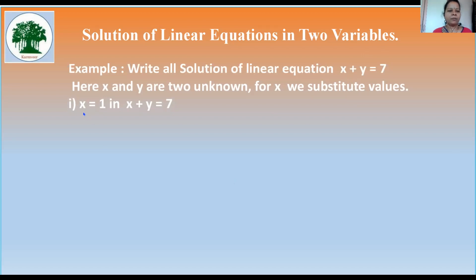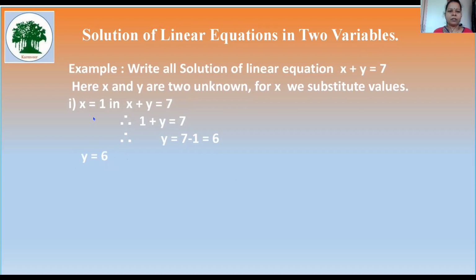First we put x is equal to 1 in the equation. We get 1 plus y is equal to 7, that is y is equal to 7 minus 1 is equal to 6. So if we put x is equal to 1, we get y is equal to 6.